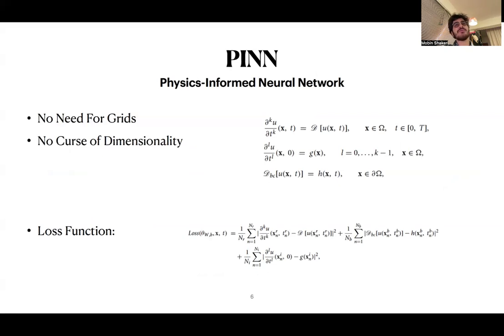Now let's quickly overview the PINN method before moving on to IF-PINN.